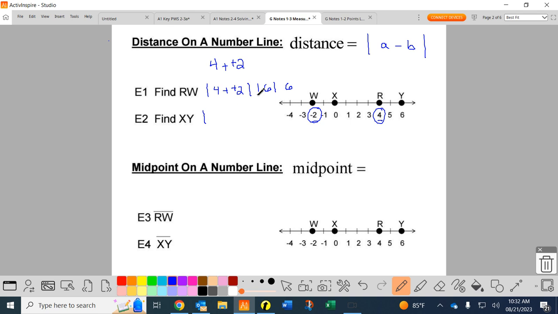Now listen to me also, guys. There's a reason I'm doing the formula. I know that you can just count on this number line. This number line is nice. It has all the little numbers on here. I could just go 1, 2, 3, 4, 5, 6. You see that? Only problem is this is not what they're going to give you on the EOC. They're going to draw a number line, and on this number line it's going to have like negative 3 right here, and it's going to have like 4 right here, and then it's going to have like 18 here. Are those evenly spaced?